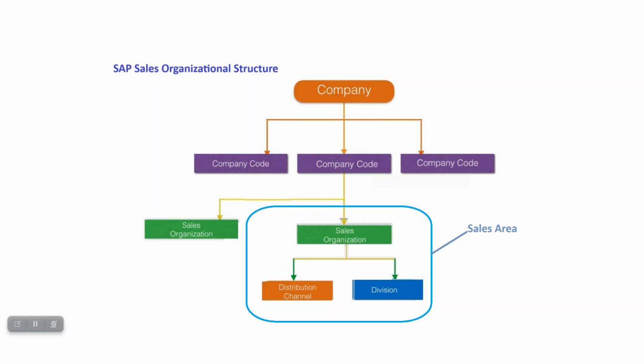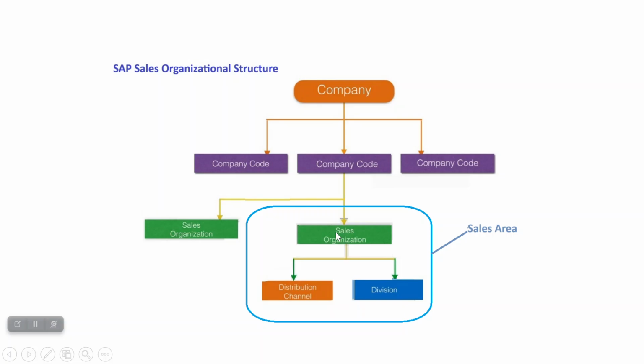For each sales transaction, you will specify which sales area owns the resulting credit. The sales area comprises three levels: sales organization, distribution channel, and division.